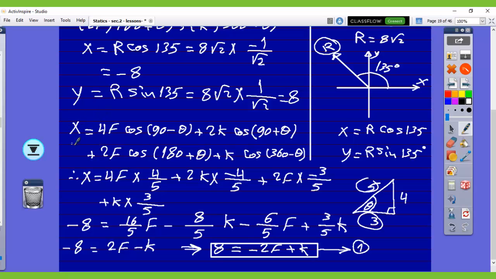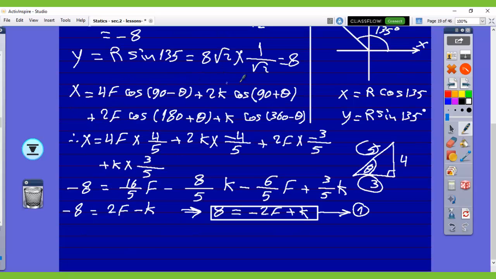Back to y. Here we have the component of the resultant in the direction of the y-axis is 8, so y equals 8 equals 4f. It is the same angles but using the ratio sine.